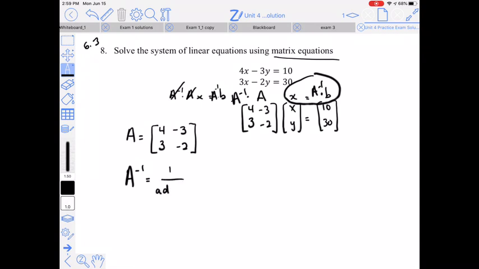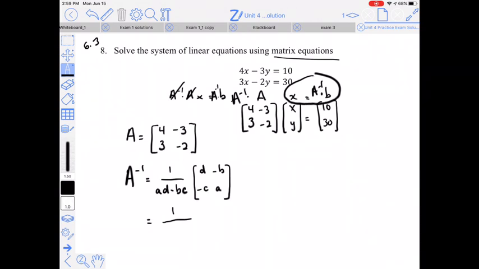And the formula is 1 over AD minus BC, which turns out to be the determinant, which we learned about in section 6.4. And then D and A switch spots, and then B and C change signs. So 1 over A times D, this is A and D right here, the 4 and the negative 2.